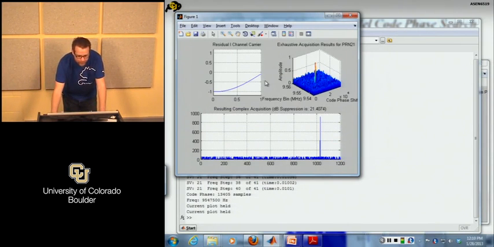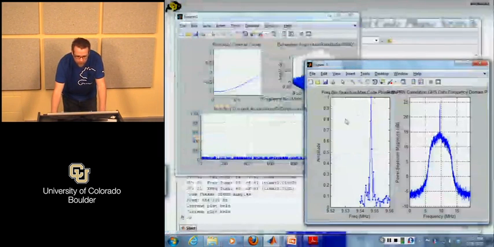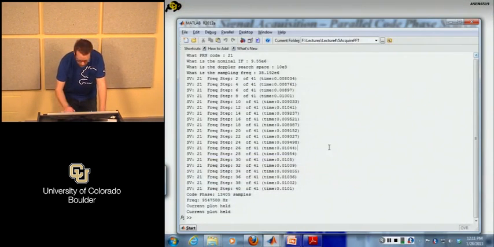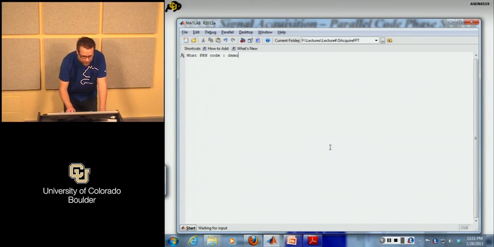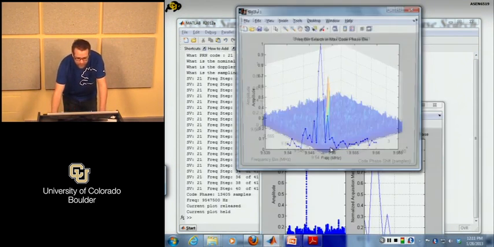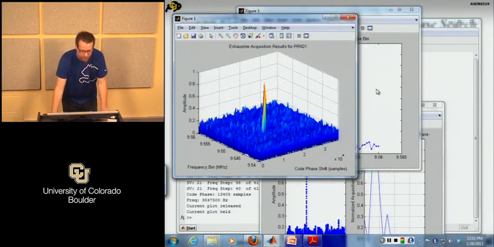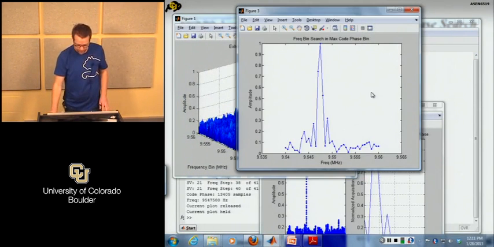PRN21 is here. No, I don't know what's going on. I should have closed all the other figures first. Everything is messed up. Let's do it again. It's so quick that it doesn't matter. Now it makes sense. So this is what we have.